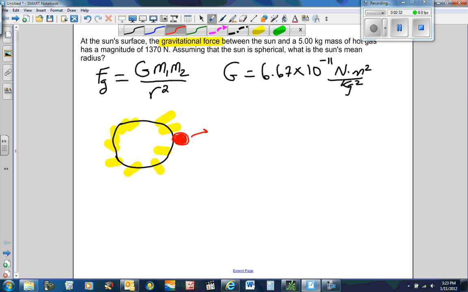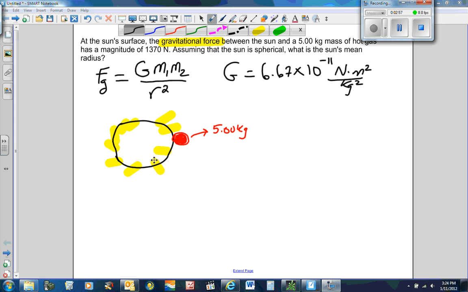We know this right here is 5 kilograms, and we're not given the mass of the sun. Well, we have to look that up in the book. It's Appendix F on page 868. And if we look in there, it tells us the mass of the sun.